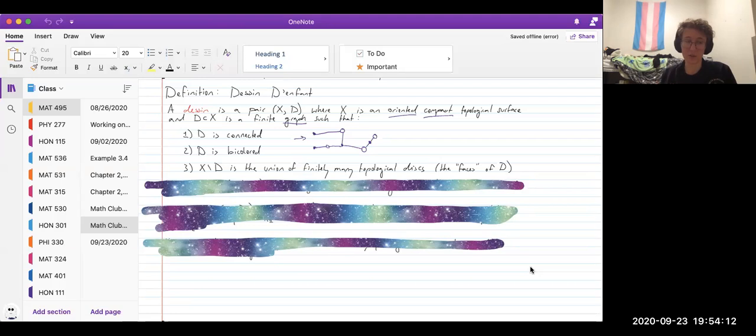And again, the surface is any compact oriented surface. So it could be a sphere, or a torus, two-hole torus, etc. So when we're talking about dessins, these graphs are always going to be on one of these surfaces, just by the very definition.